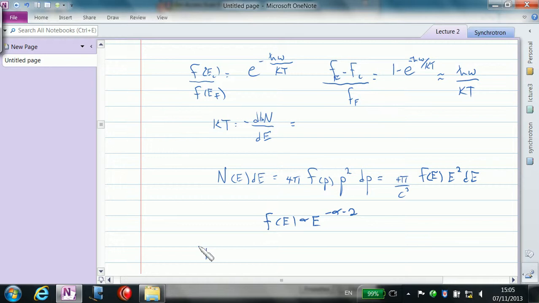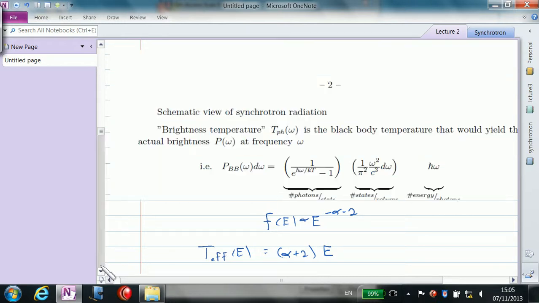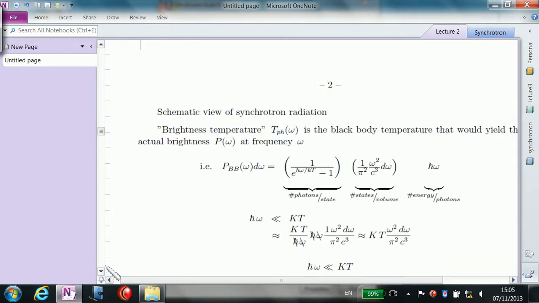And the effective temperature emitting at E is therefore dN/dE, d log n/dE, which is just alpha plus 2 times E, right? Is that what I got here?